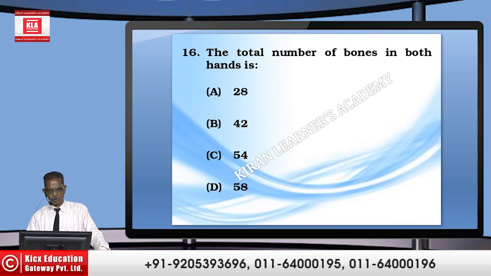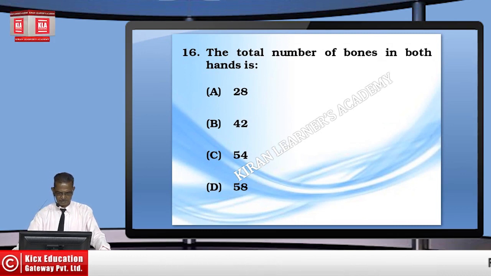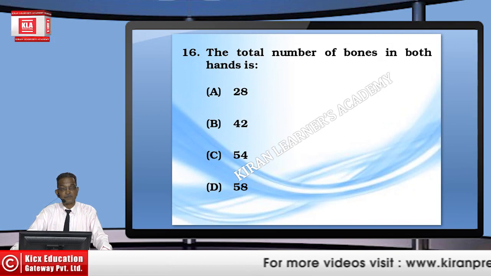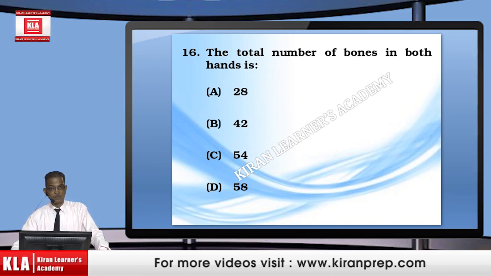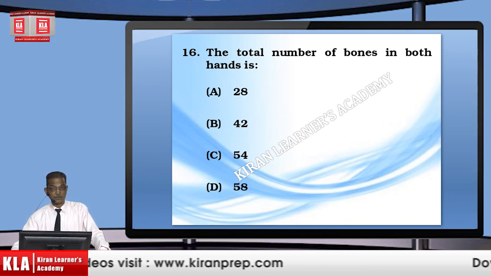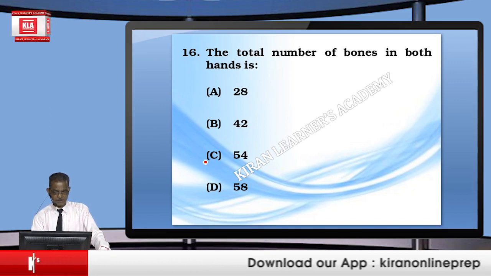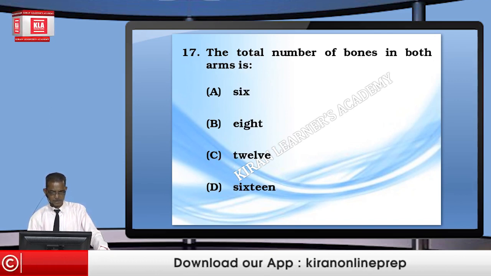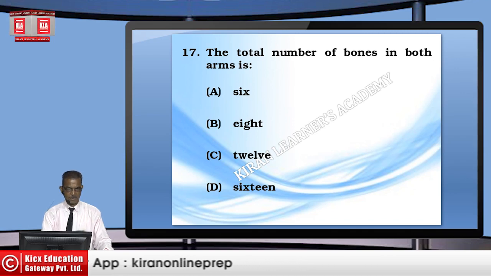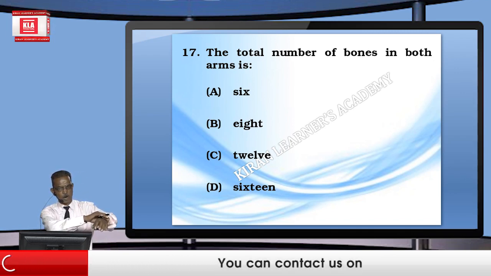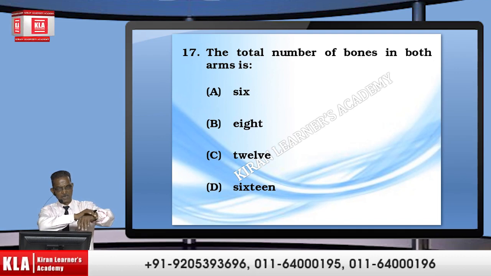The total number of bones in both hands is 54. Next, the total number of bones in both arms, that is from the shoulder blade up to the point where the wrist has started.